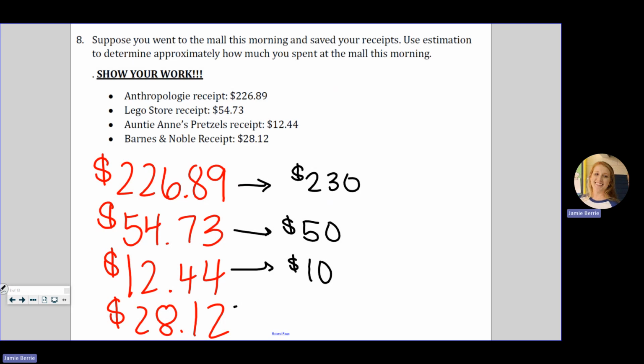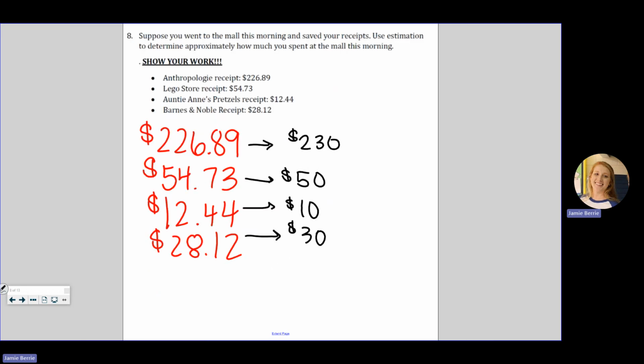So some of them we rounded up, some of them we rounded down. And that's a good process of estimation. That way you're kind of evening it out with some that you rounded down and some that you rounded up. All right, so we can add this up pretty easily. 230 plus 50 is 280. Another 10 is 290.